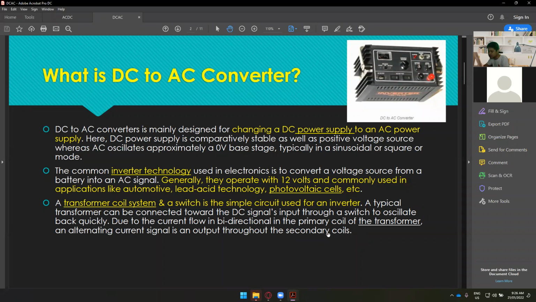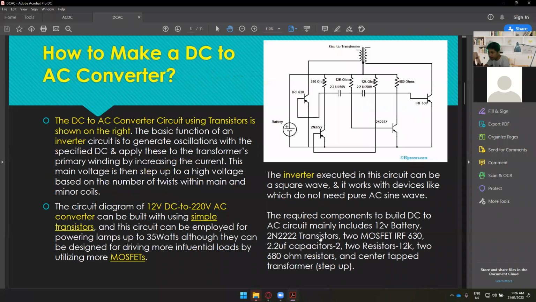Well, I guess this one is quite ambiguous for now, but let's move on so you can understand what's really happening in converting DC to AC. A DC to AC converter circuit using transistors is shown on the right. This is another type of circuit, which uses transistors to convert DC to AC. It is quite complicated to understand, but here is the battery, which is the original source of your energy.